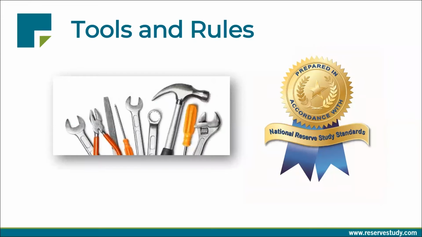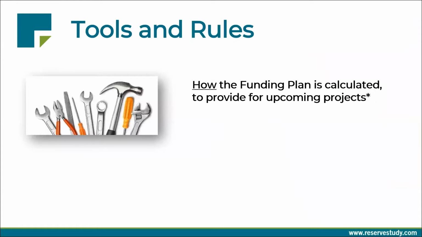Starting with the tools and the rules, the foundation for the funding plan are the tools to be used, and then the rules that provide the guidance. This is the foundation for everything else that we're going to speak about in today's program. The tools are the methods by which the funding plan is calculated, and it's just math, but I'll show you there are 2 very different approaches to attacking the problem of finding out how much money to set aside for upcoming projects.